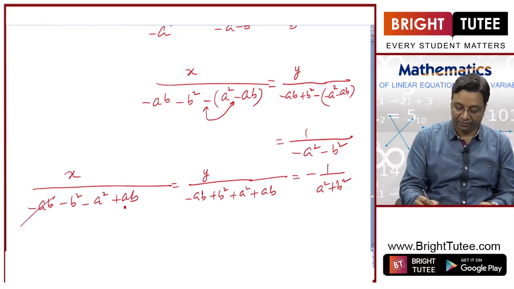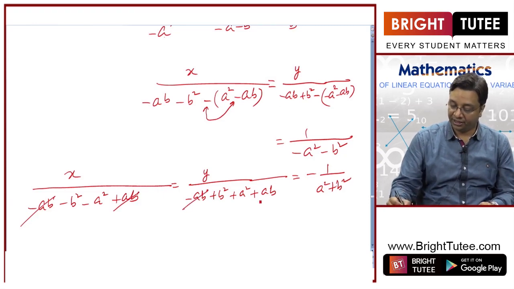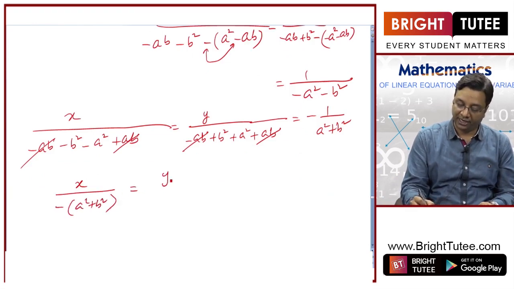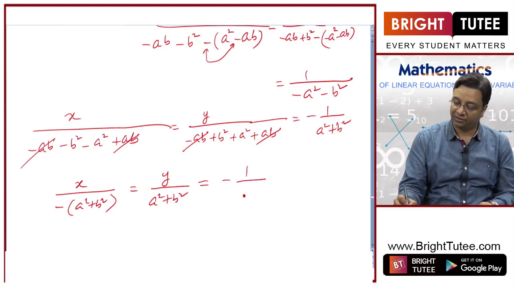Now, you see ab will be cancelled here, ab can be cancelled here also. So, this is x divided by minus a square plus b square, and this is y divided by a square plus b square, and it is equal to minus 1 by a square plus b square.